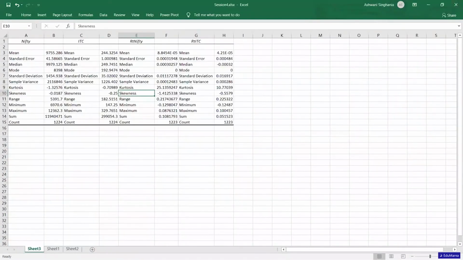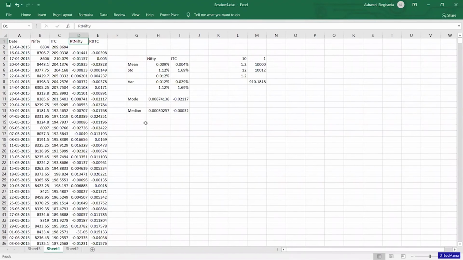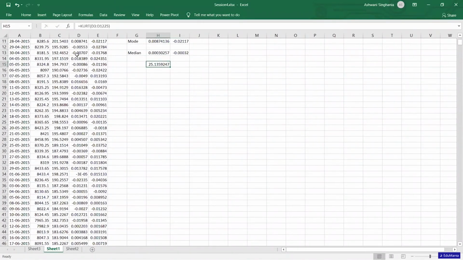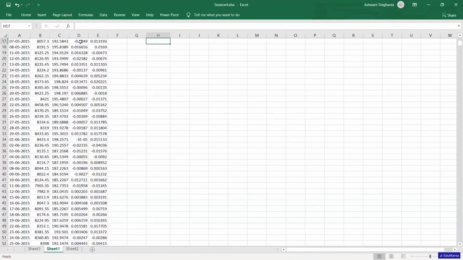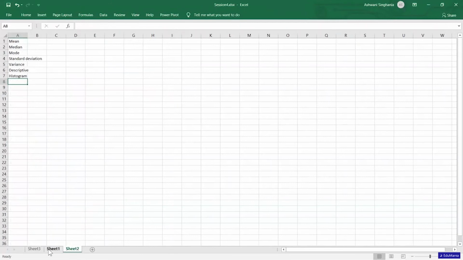There are functions which help us calculate these. We have a kurtosis function, so we can select the data and calculate the kurtosis, and in the same way for ITC. Similarly we have a skewness function, so we can select the data and get the skewness. Okay, now let's move ahead.